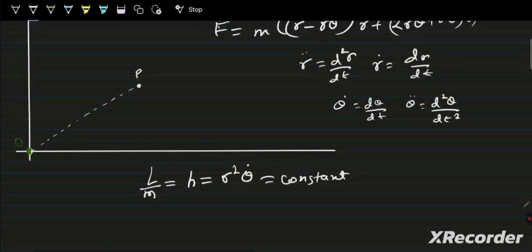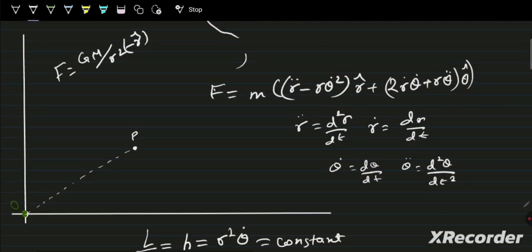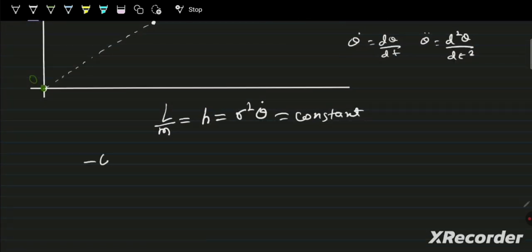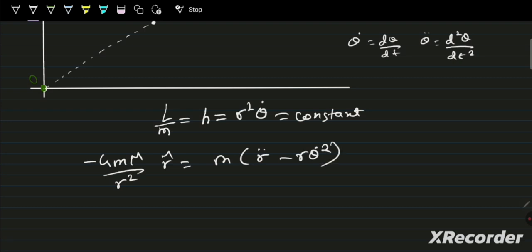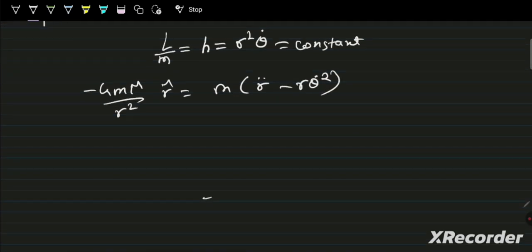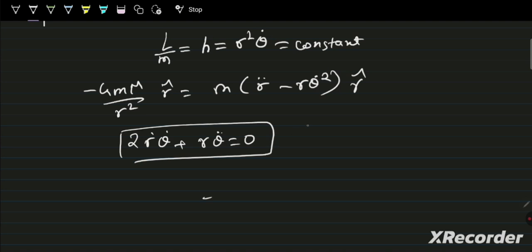The force is minus GmM by r square r cap. Thus I can write minus GmM by r square r cap is equal to m (r double dot minus r theta dot square) r cap. Similarly, 2 r dot theta dot plus r theta double dot is equal to 0. This is also another equation.